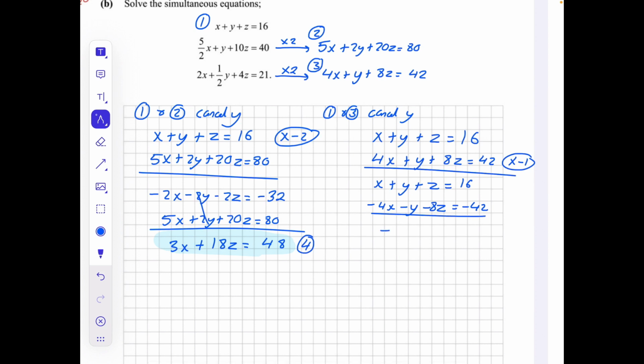Okay, so x minus 4x is minus 3x. Y's will cancel. Z minus 8z is minus 7z is equal to 16 minus 42, is minus 26. And that's my equation 5.